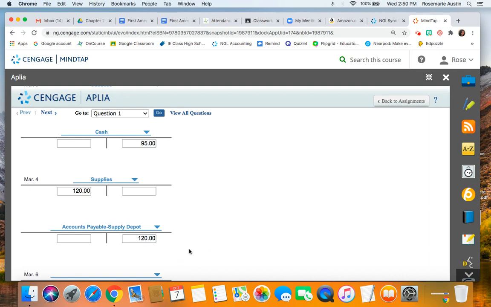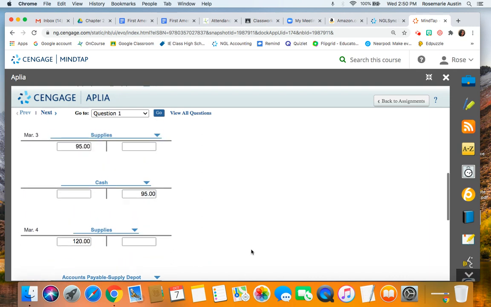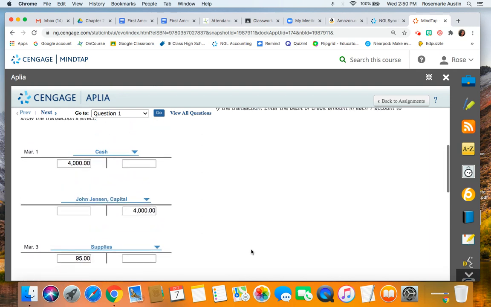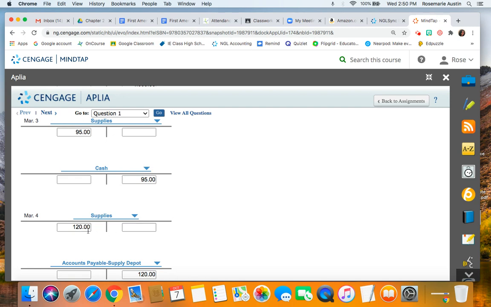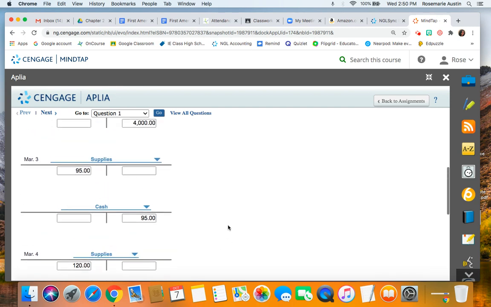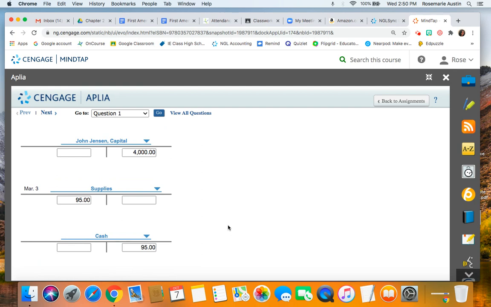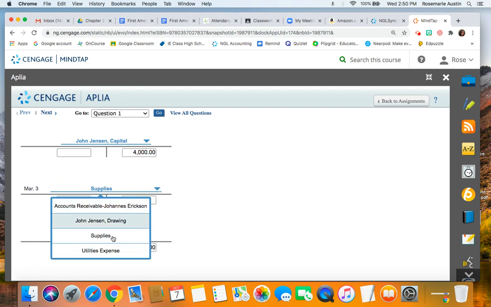Okay? I want you to notice a couple of things here so far. We've done 3 transactions. The first part of every single transaction is a debit. Debit, debit, okay? So when you go to choose the account title and you don't see an account that you're looking for, like this first one on March 3rd here, we didn't see cash.